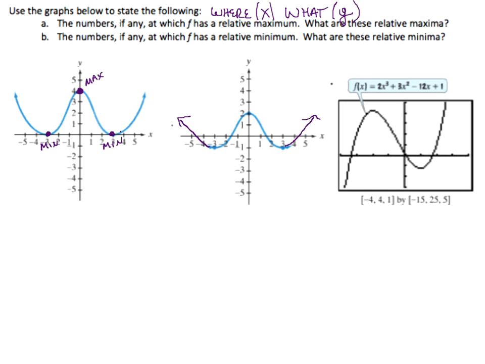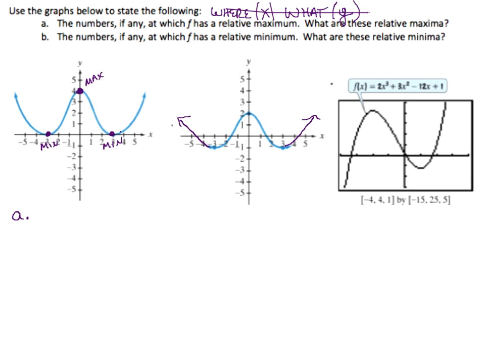The what is going to be the y value, or the f of x value, where that max and min actually is. So, for A, it says the numbers, if any, at which f has a relative maximum. That's the where. So it's asking where on the x-axis are these maxima occurring.